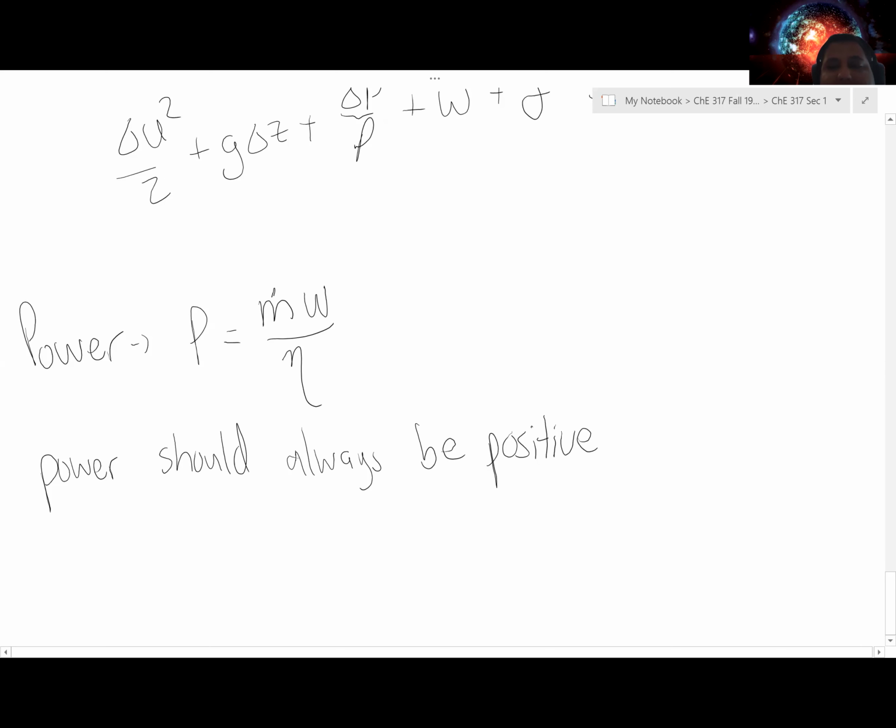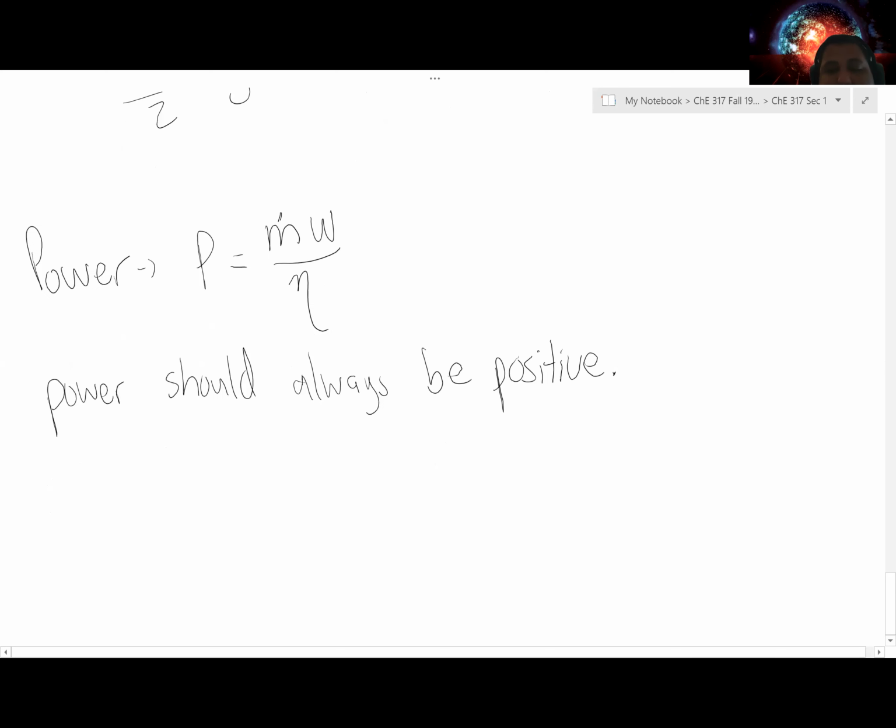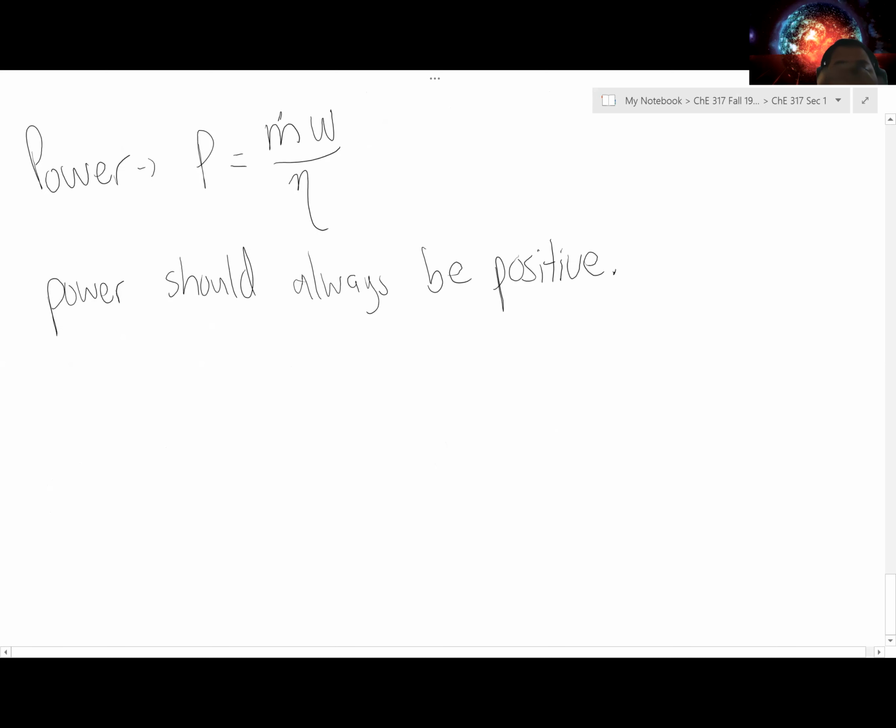Also, speaking of not making sense and frustrating students, the units of power. Well, in the SI system, it's simple, it's watts. In the English system, we use horsepower as the most standard convention. And for horsepower, 1 horsepower is equal to 550 foot-pound force per second.